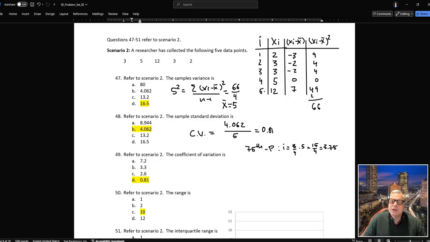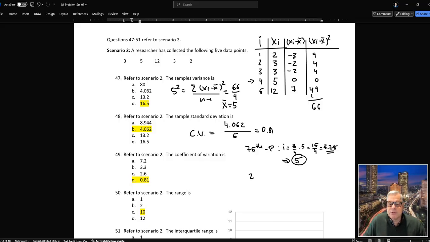So not an integer, so we have to round up and take the fourth value, so that's a 5. That corresponds to a value of 5, because the 3.75, the index number, is being rounded up.